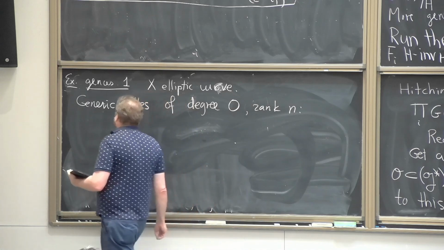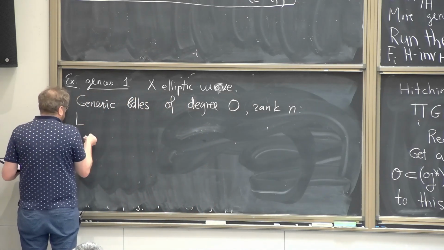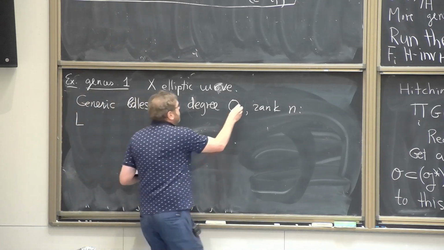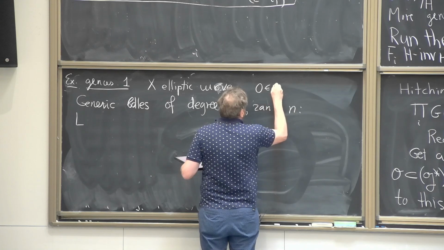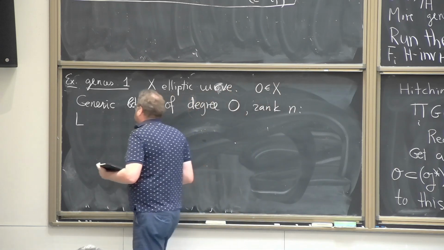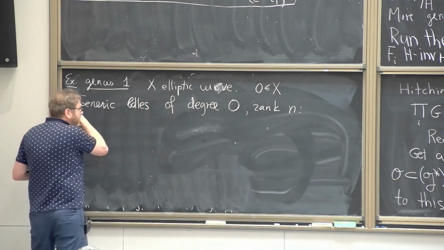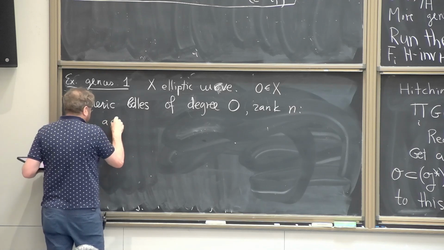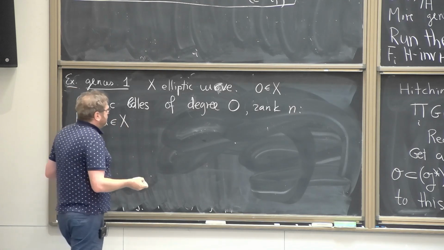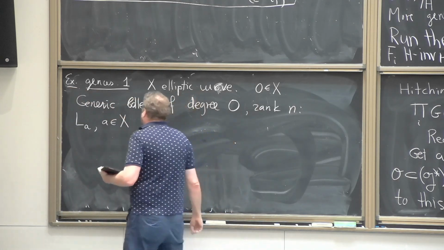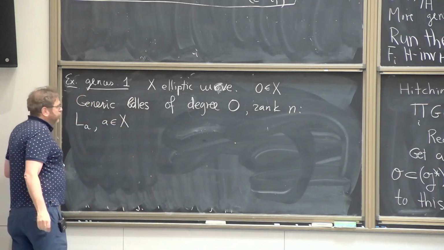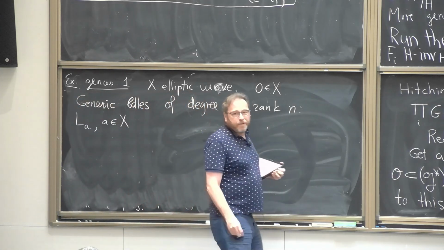So let's say L_0, and there is an L_A, where A is in X. So line bundles of degree 0 are elements of the Jacobian. The Jacobian of an elliptic curve is the curve itself.